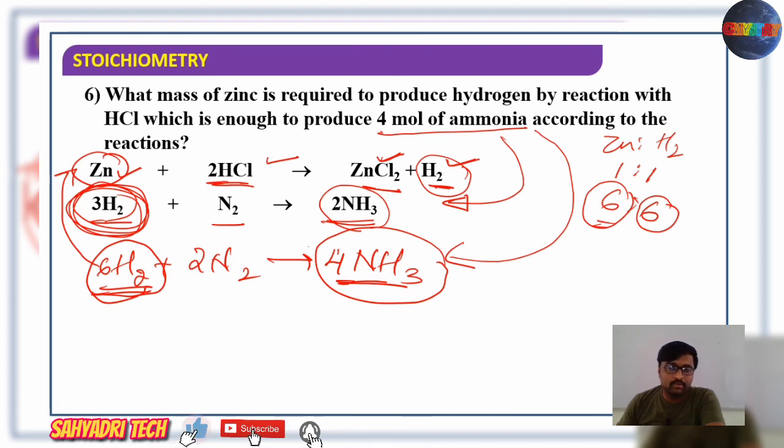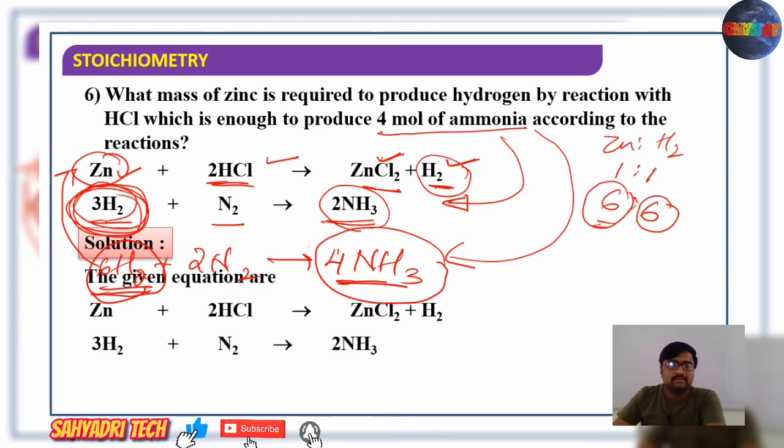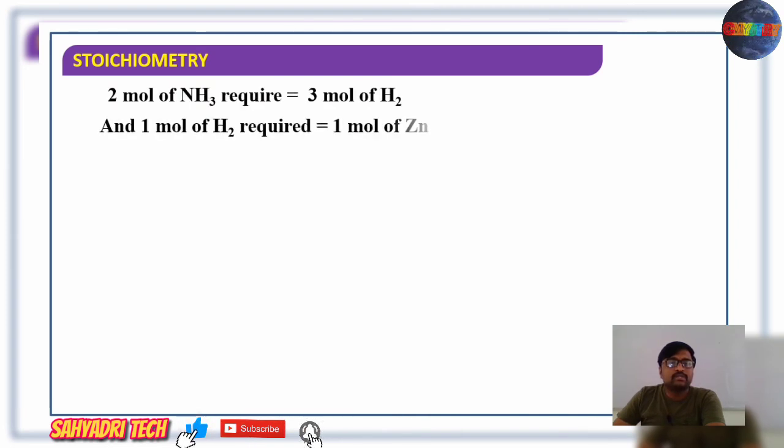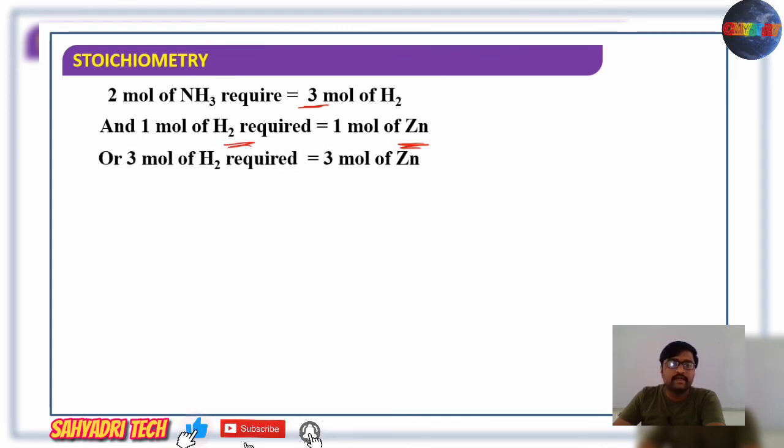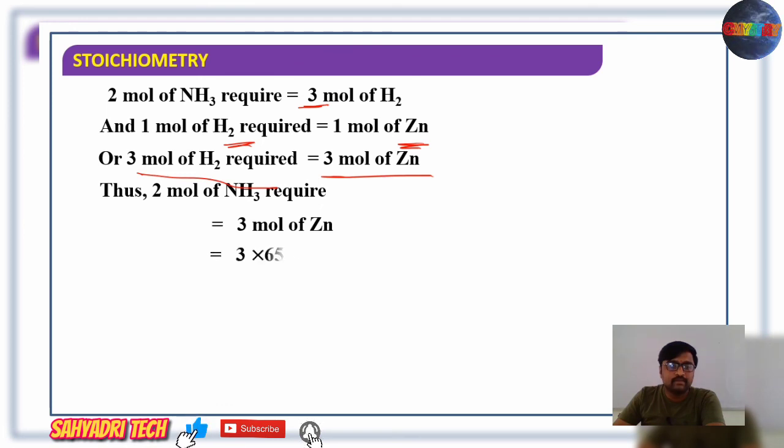Now in terms of moles, it must be converted into mass. As I explained, 2 moles of ammonia requires 3 moles of hydrogen, and 1 mole of hydrogen requires 1 mole of zinc. Therefore 3 moles of hydrogen requires 3 moles of zinc, thus 2 moles of ammonia requires 3 into 65 gram of zinc.